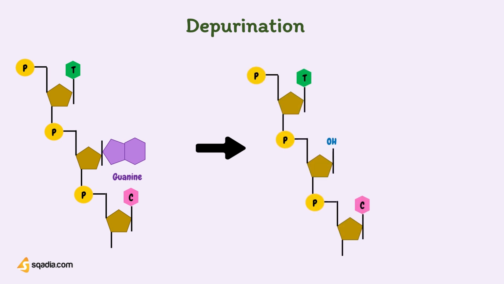Deoxyribonucleic acid strand will be left, and guanine is released. The hydrolysis of a purine base, adenine or guanine, from the deoxyribose phosphate backbone occurs 1,000 times an hour in every human cell.